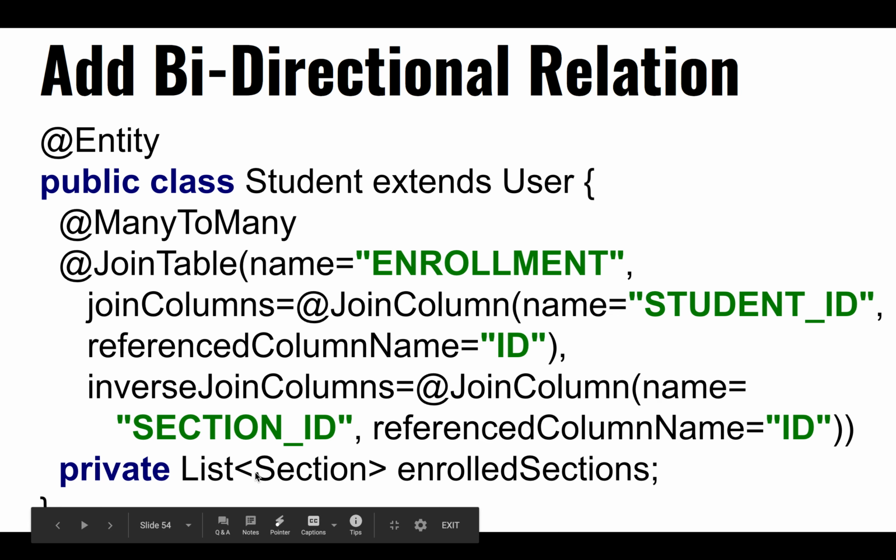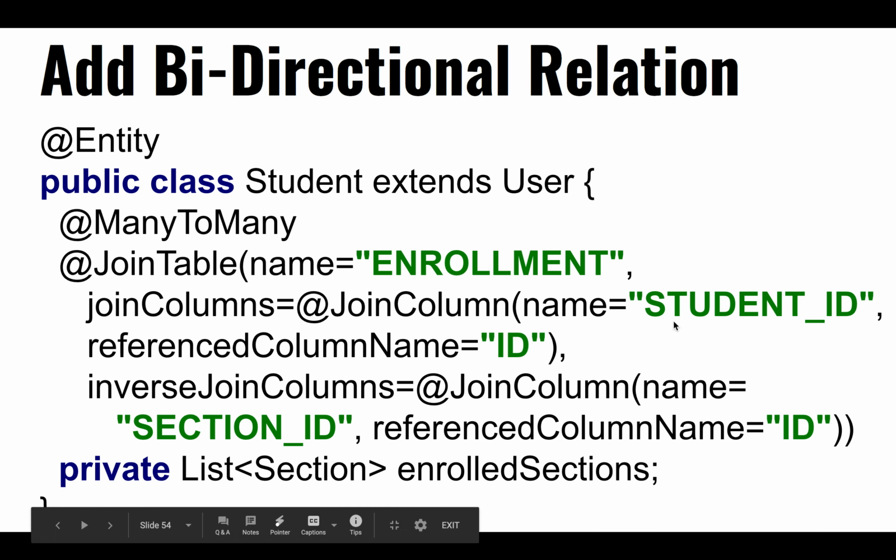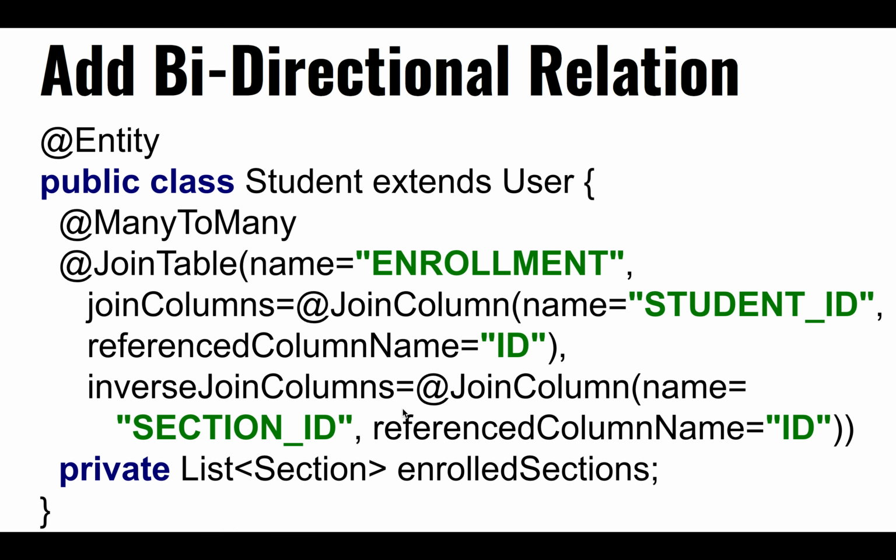The only thing you need to do is add an additional annotation saying that there's going to be a table. You give it the name, and then tell it what you want to call the foreign keys. You say the way I'm going to join it is by a student ID and a section ID. Two foreign keys, and that's how you do the join.